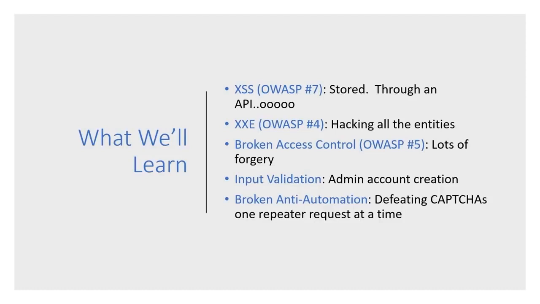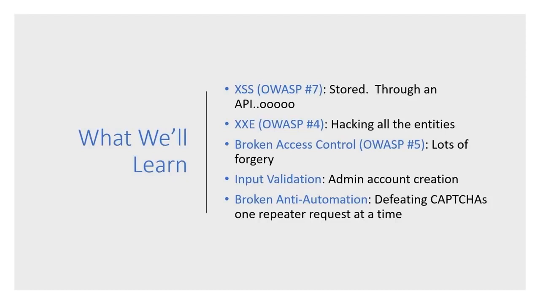And we'll be talking again about broken access control. This is the second time we'll be talking about this. We'll be forging lots of stuff due to some broken access. You can see I've started notating what part of the OWASP Top 10 these are on. We'll be covering all the OWASP Top 10 at some point or another.